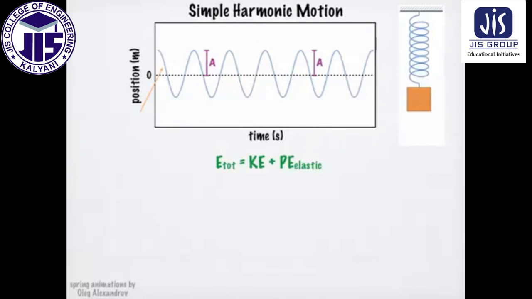At the equilibrium position, the energy is all kinetic with no elastic potential energy. In its stretched position farthest from equilibrium, it has converted that kinetic energy back into elastic potential energy. And as it moves back upward, it converts elastic potential energy back into kinetic energy, and so on. The mechanical energy is conserved in the ideal spring in this way.